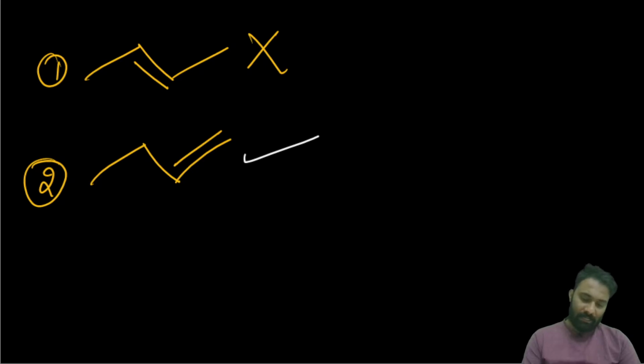If an unsymmetrical alkene is given, then it will readily undergo it. First we'll see the mechanism.